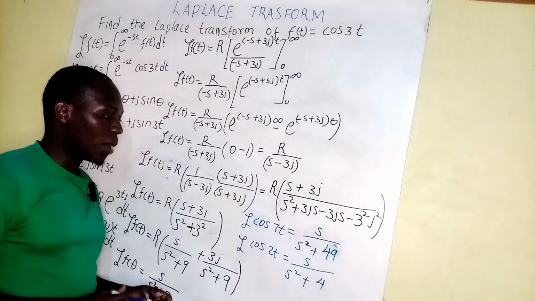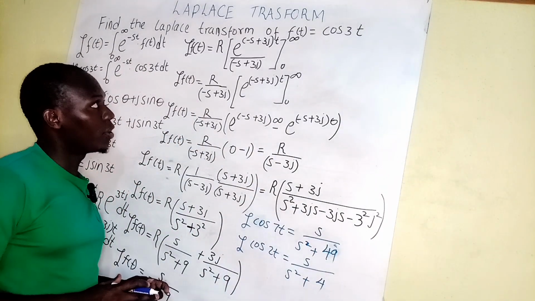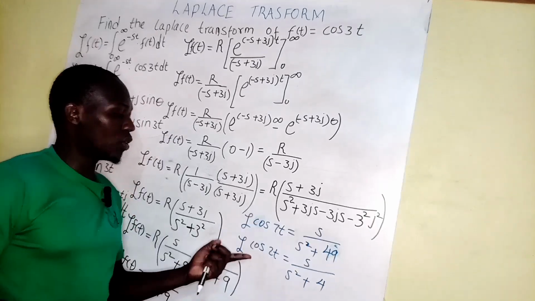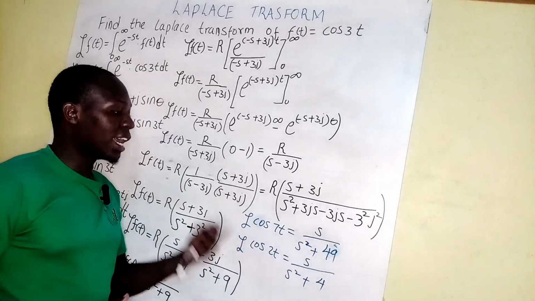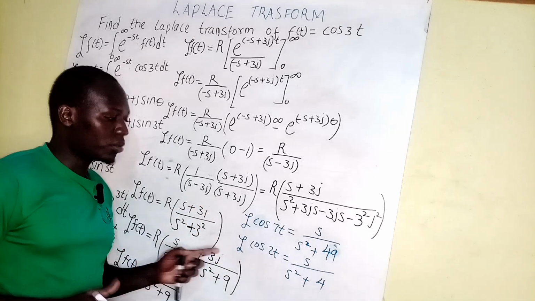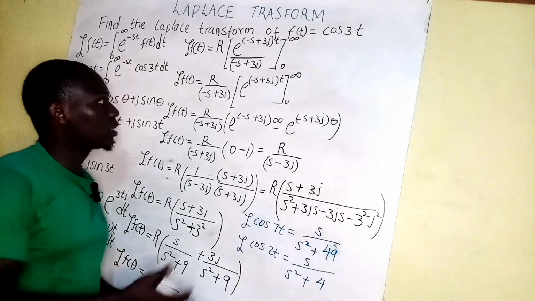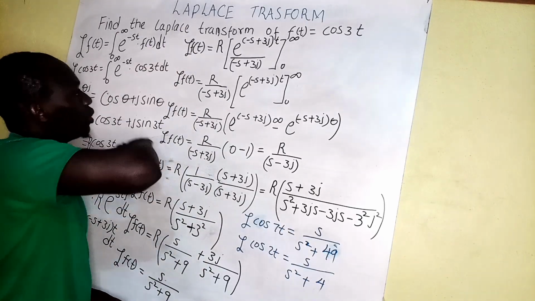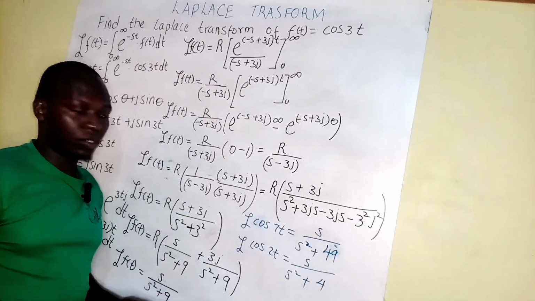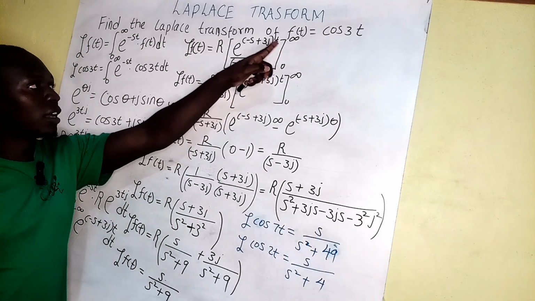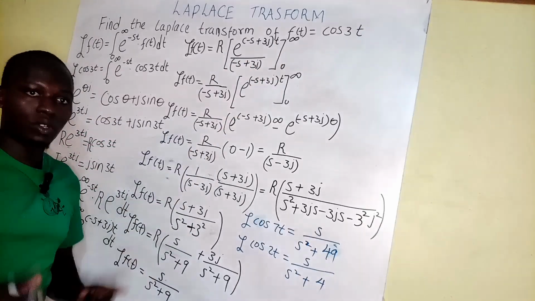And this is how you go about finding the Laplace transform of either cos 7t or cos 2t directly. But in case you've been asked to use the first principle in finding cos 7t, you must go through the whole process that we've gone through when finding the Laplace transform of cos 3t.